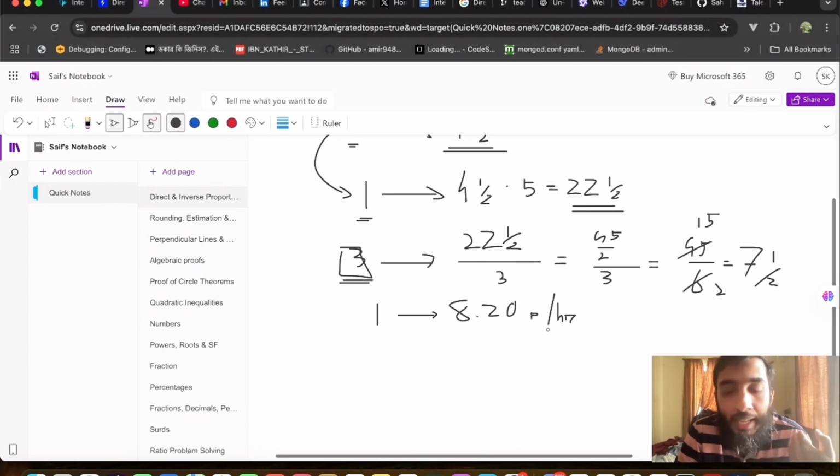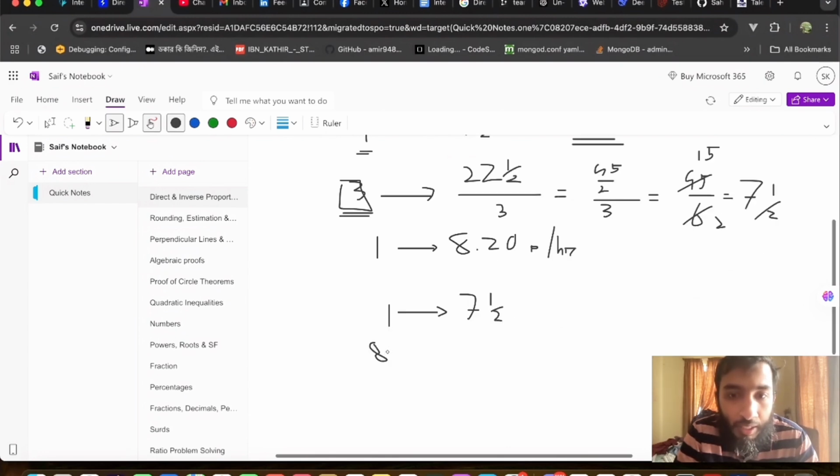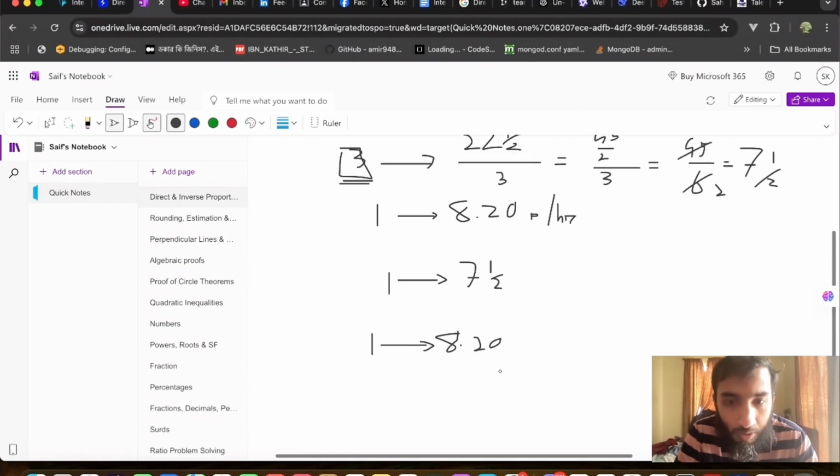If each cleaner is active for 7.5 hours, how much will each cleaner be paid? They are paid 8.20 per hour, so for 7.5 hours each cleaner would be paid 8.20 multiplied by 7.5.